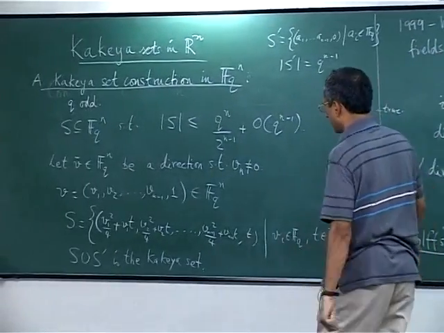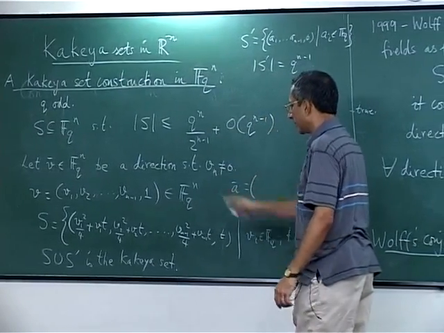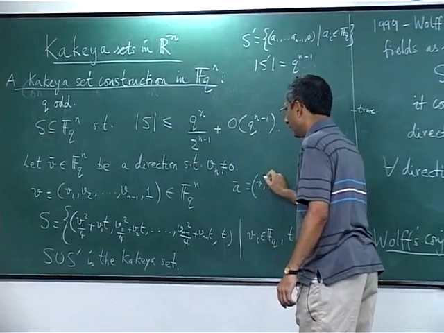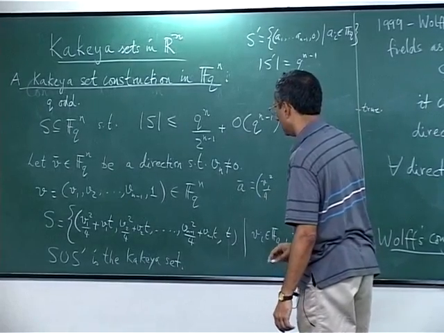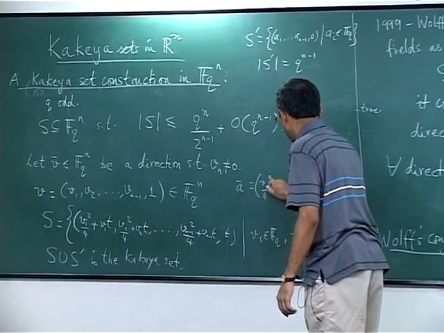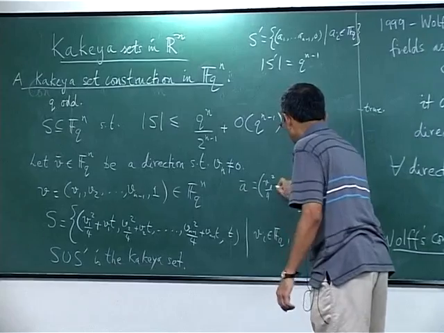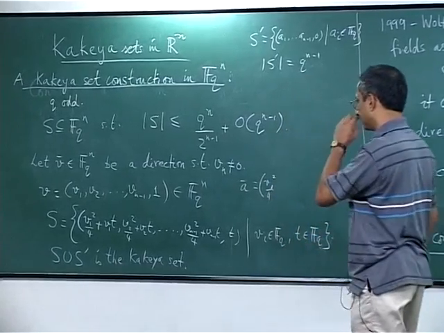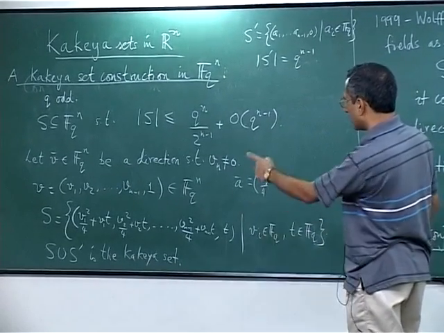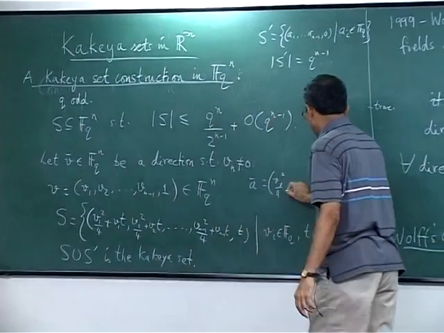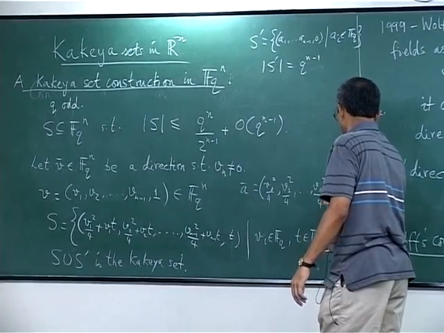By construction, no? What should I take A bar to be? If you give me a direction V bar, I will take A bar to be V1 square by 4 plus V1... what is T times V1 square by 4, V2 square by 4, Vn minus 1 square by 4, comma 0.